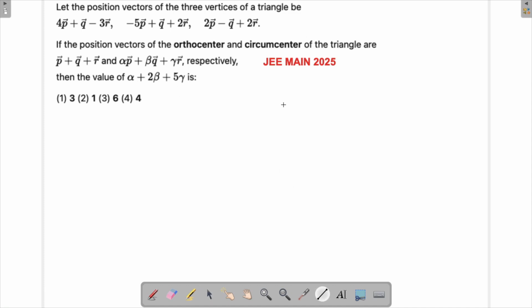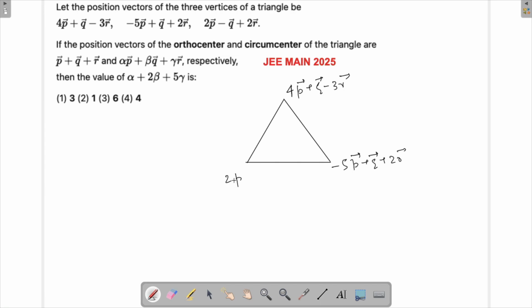So there is a triangle, and the vertices of the triangle are given by position vectors. Let's say this is 4p plus q minus 3r, another vertex is 5p plus q plus 2r, and another vertex is 2p minus q plus 2r.